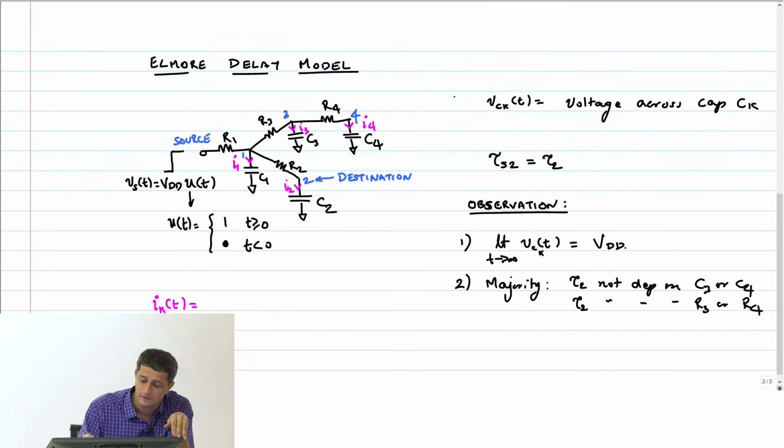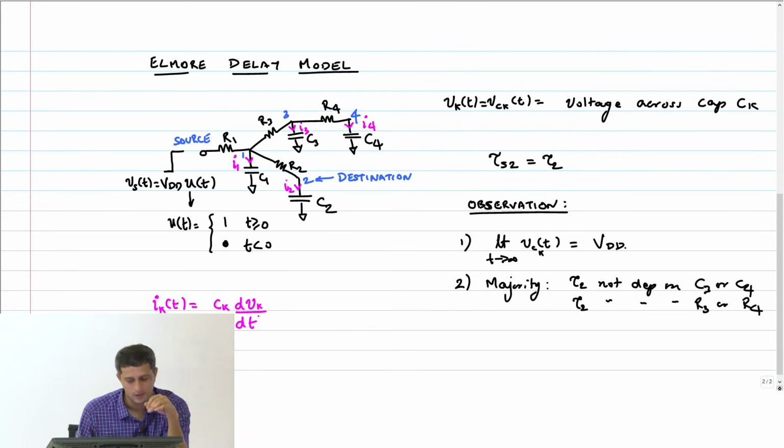I'll drop the C and call it Vk of t, just because I don't need this capacitor. In terms of Vk of t, what is it? Ck into dVk by dt. Okay.